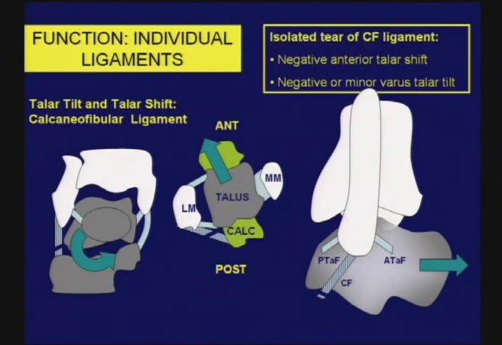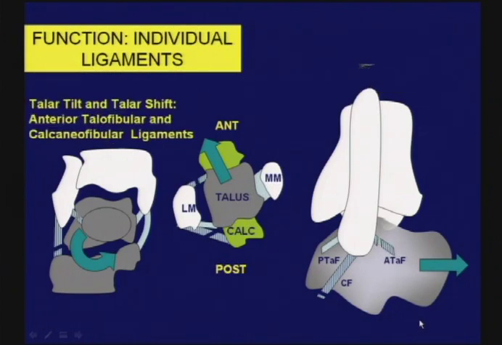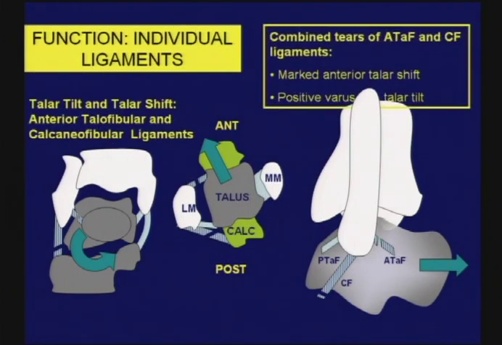If you have an isolated tear of the calcaneofibular ligament, typically the tests are negative. So injury to this ligament alone may produce negative results on provocative testing. And if you have combined tears of the anterior talofibular and calcaneofibular ligament, you get a marked anterior talar shift and a positive varus talar tilt.